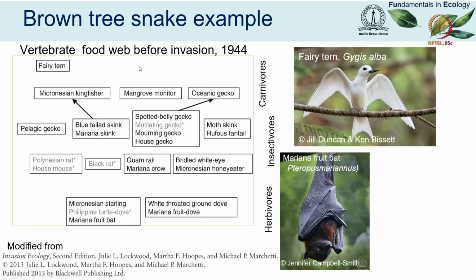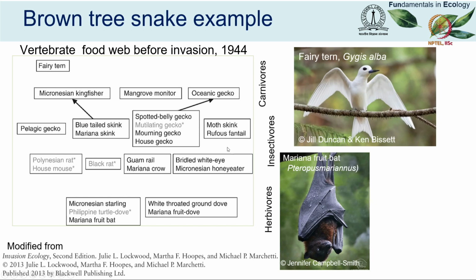And so if we look at the vertebrate food web in Guam before the invasion, before the snake was there, what do we see? We see that there's a bunch of herbivores, such as a fruit-feeding bird, fruit-feeding bats, some other species, and even some invasive species were already present. All of the gray species are invasive species. So there's some herbivores.